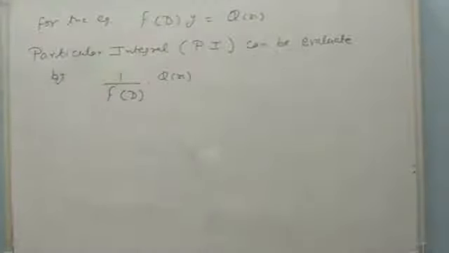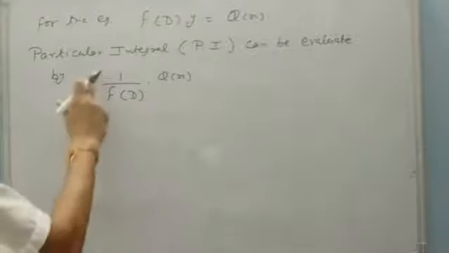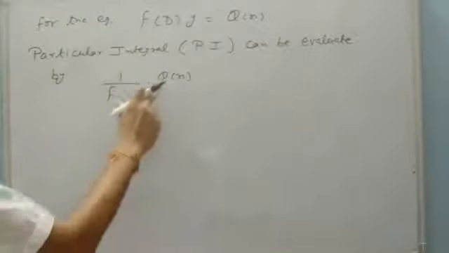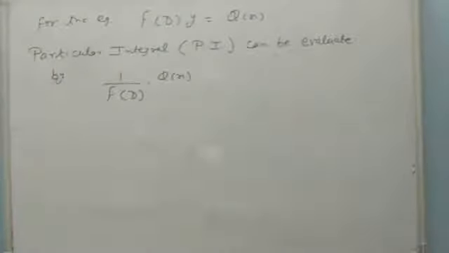Now for finding the particular integral, we have to evaluate 1 upon f of D of Qx. This Qx can be of 5 different types.